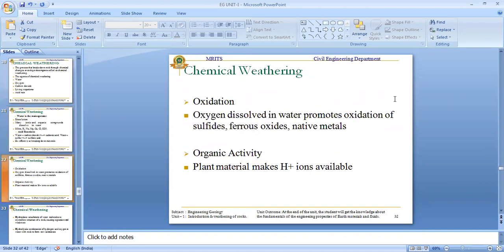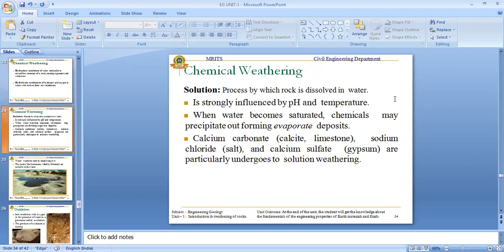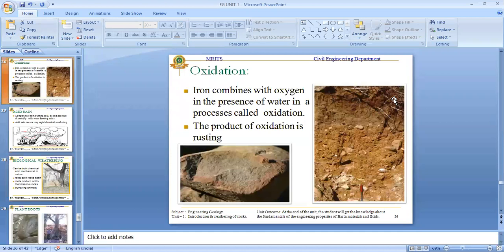The same for oxidation; in hydration and hydrolysis the impact of water is very high, in order to leach the chemicals from the particular rock bodies. In solution, the chemicals present in the rocks are dissolved in the water, and due to change in pH and temperature the weathering starts under very fast conditions. You can see these are the examples of chemical weathering of rocks.